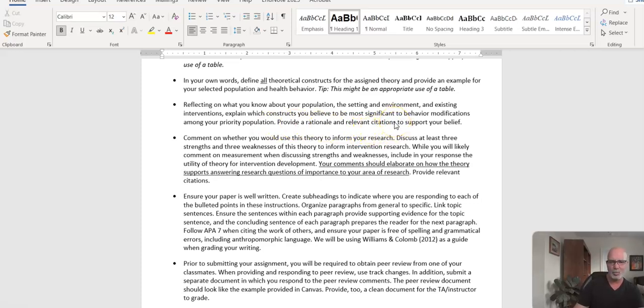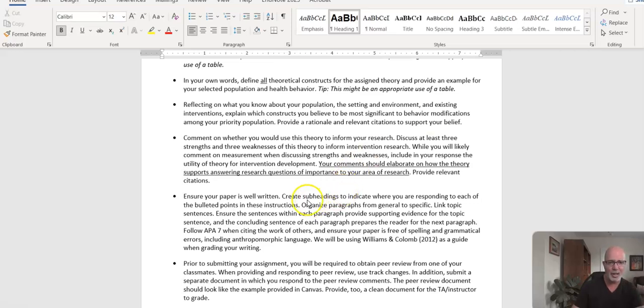This is the space where you are transitioning up above from showing us that you understand the basic information to now you're applying it and you're doing critical thinking. If you don't demonstrate here that you are thinking critically and able to apply the theory to your population behavior, you're going to lose points. If you say that every single construct is equally as important, that suggests a lack of critical thinking from my perspective, unless you have a lot of citations to support why every construct is equally important, right? There's going to be things that are more salient or less salient to your population.